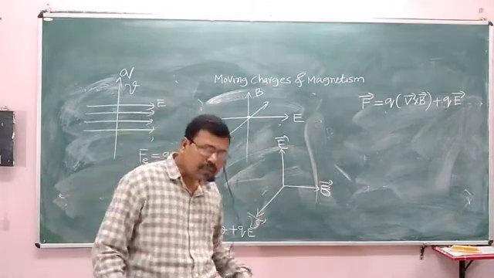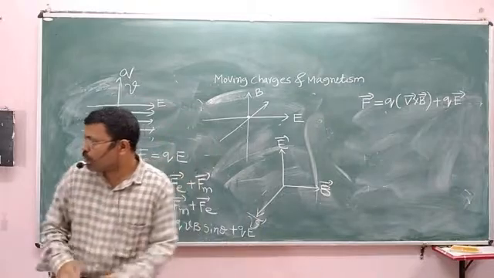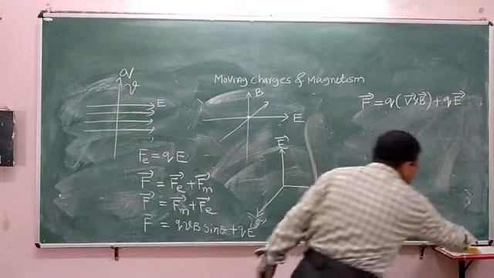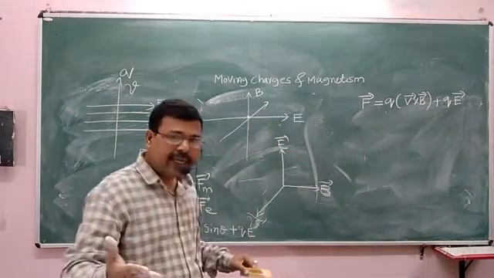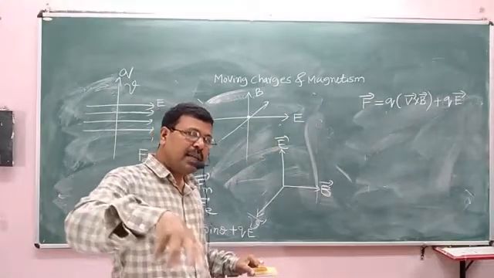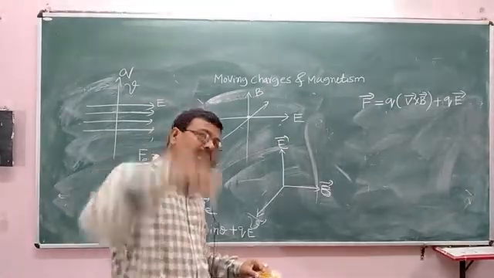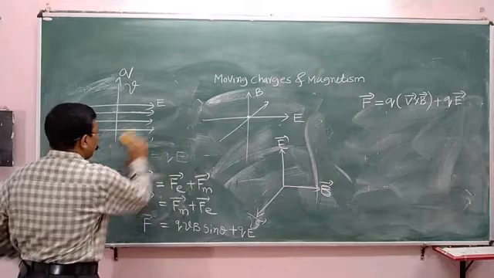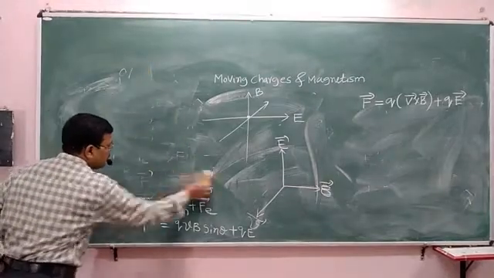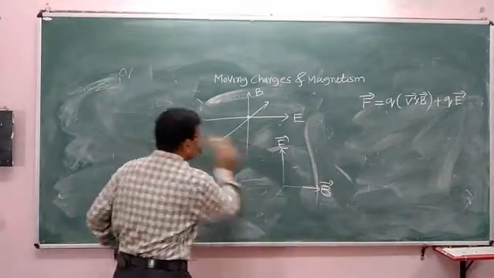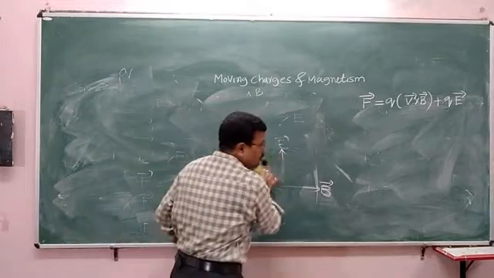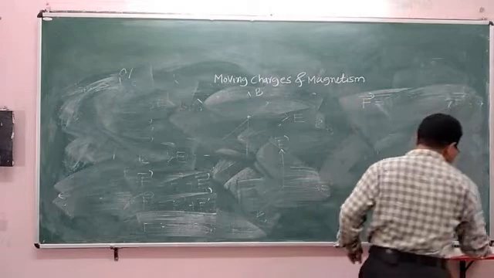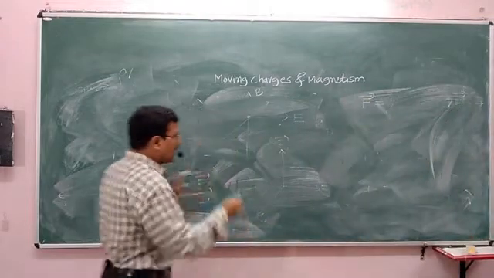Fine. Now, we shall move upon another topic, that's about when a current carrying conductor is kept in the magnetic field, the conductor also experiences magnetic force. That's our next topic. A current carrying conductor kept in a magnetic field, the conductor experiences a magnetic force. Look here.